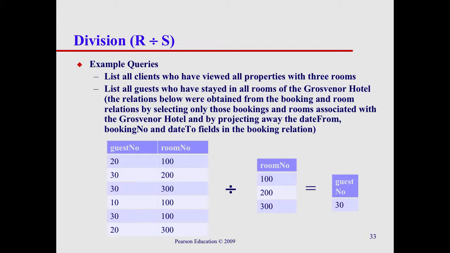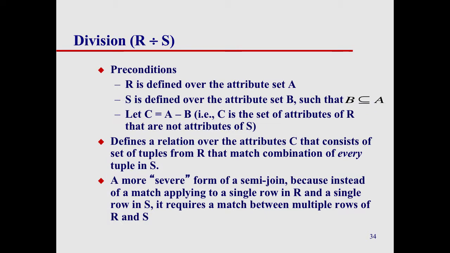Other questions? Okay, so the precondition for set division is that the attributes in S, the divisor, have to be a proper subset of the attributes in R. So that is a condition.